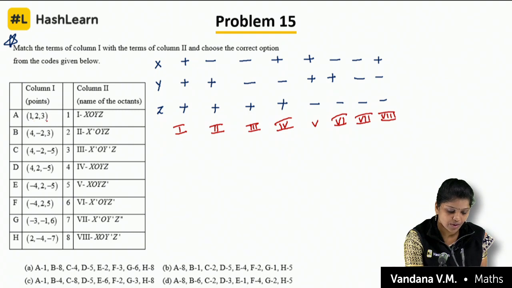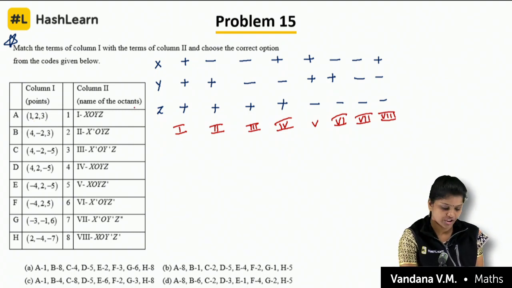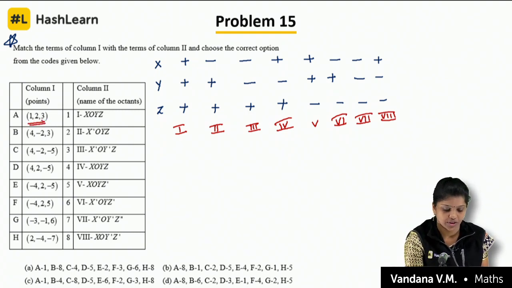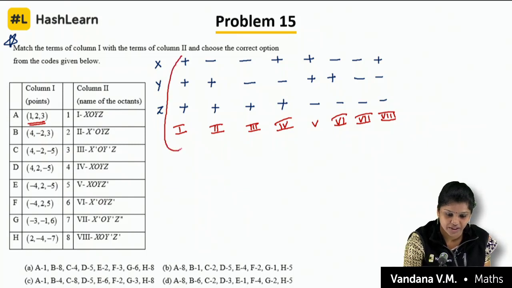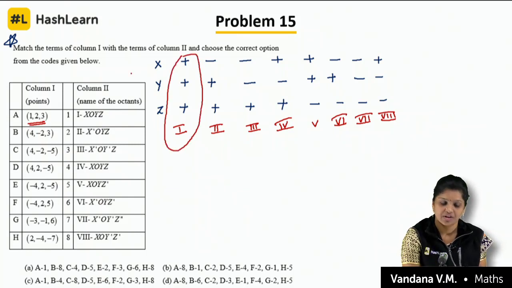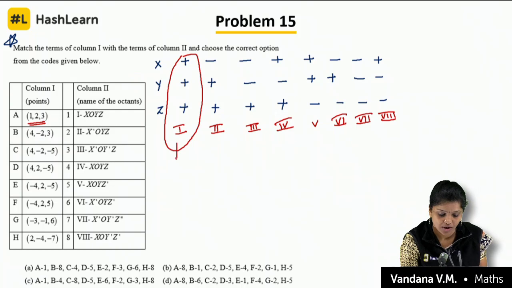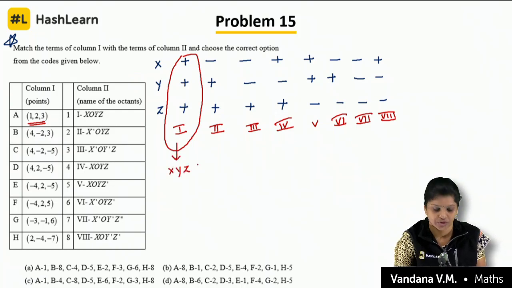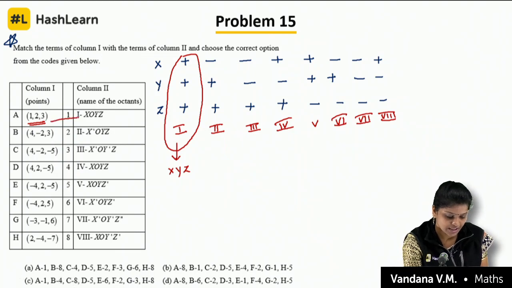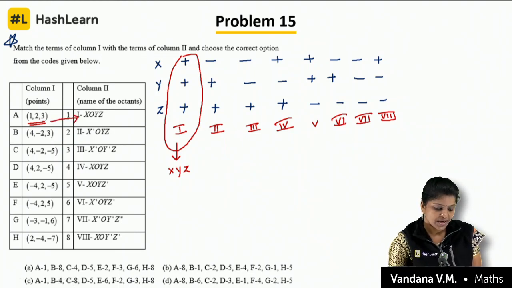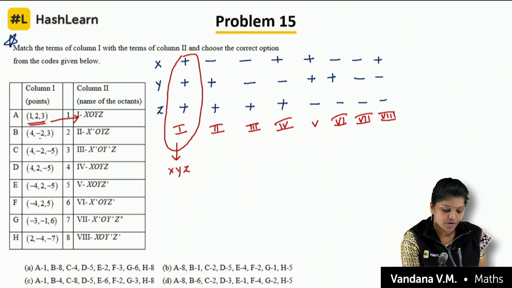Name the octant. All are positive, so all are positive means which octant is this? First. So, A is mapping to 1 only. Next, 4 comma minus 2 comma 3.